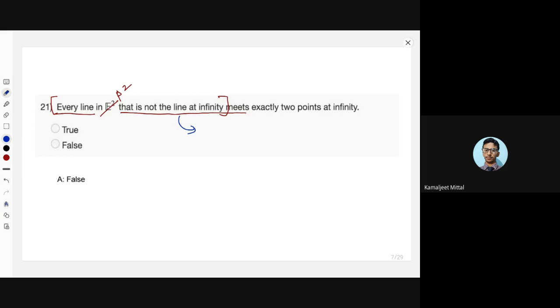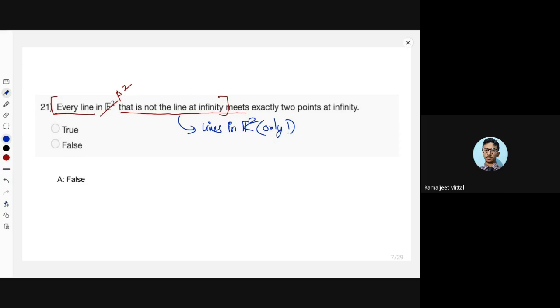Now read the latter half of the question, which is meets exactly 2 points at infinity.